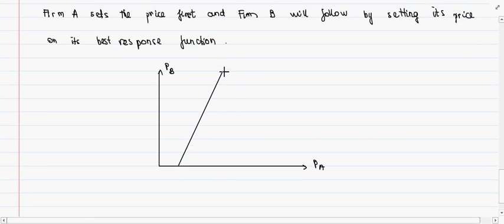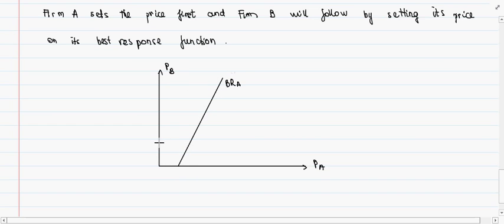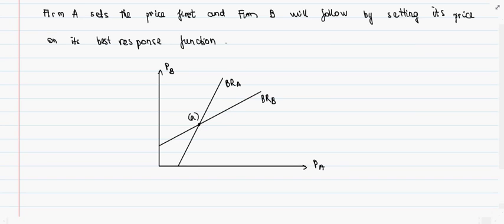Over here is my best response function for firm A, and over here is my best response function for firm B. This is my original equilibrium, which is the Nash equilibrium in part A. Now if firm A can choose the price first in this part C, firm A is going to pick the price, and then firm B is going to follow on the best response function for firm B.